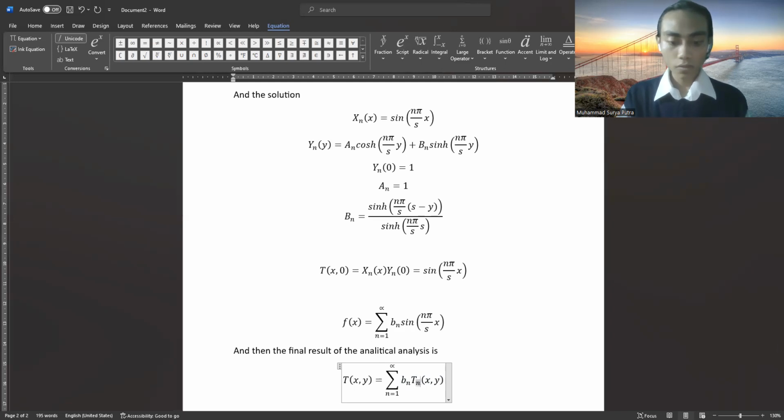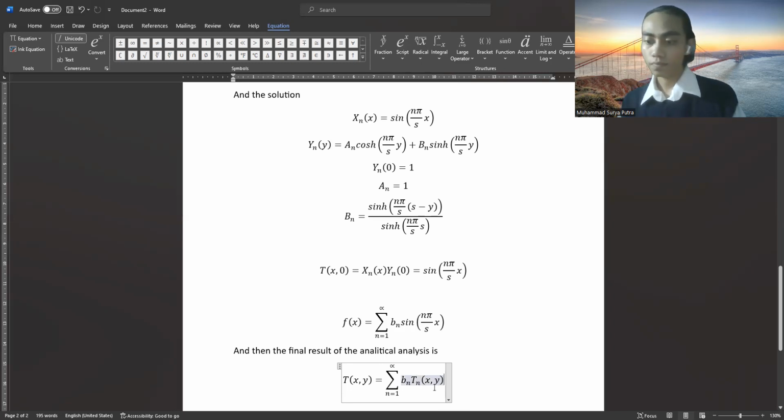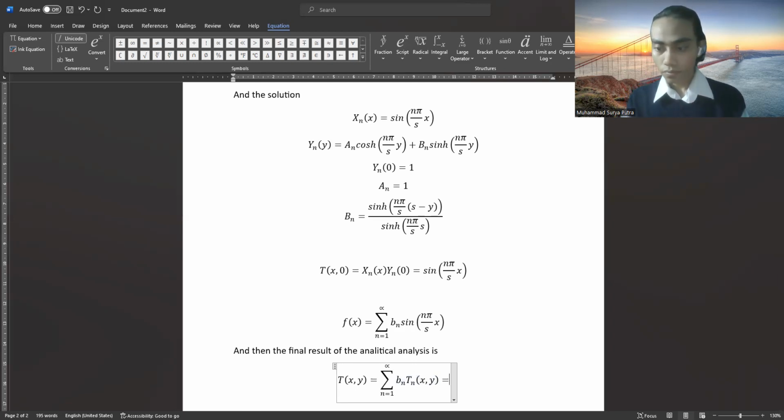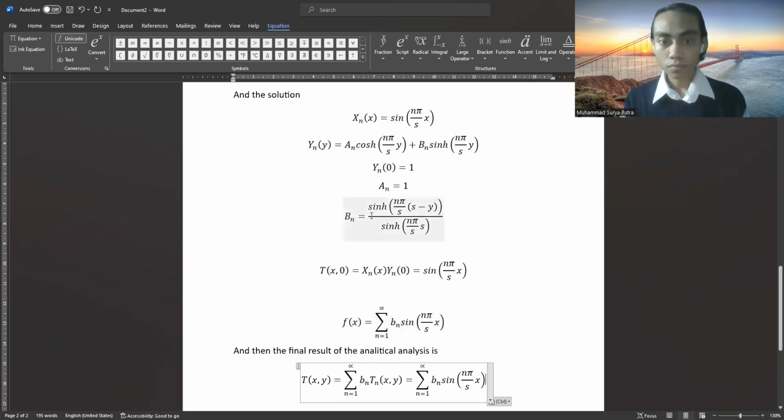This T is also numerical, or is it iterations, right? It has this variation, because the Bn is equal to sinh, the hyperbolic sine of those, and the sinh of the s.